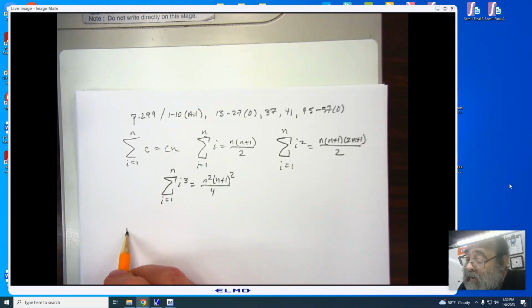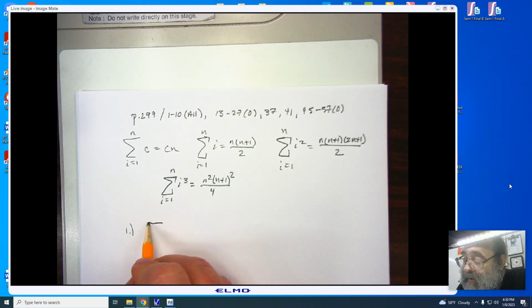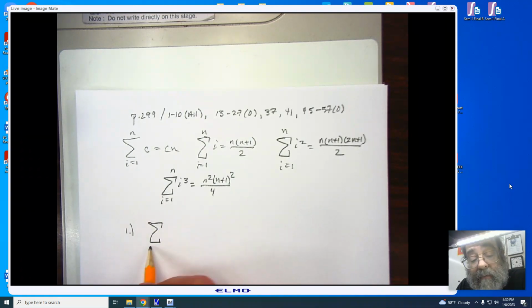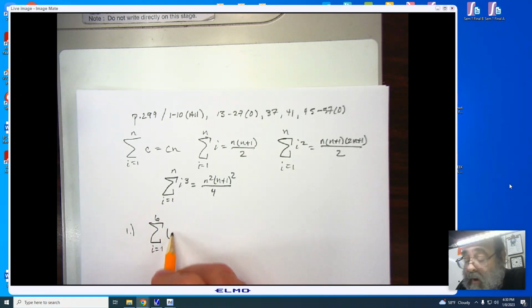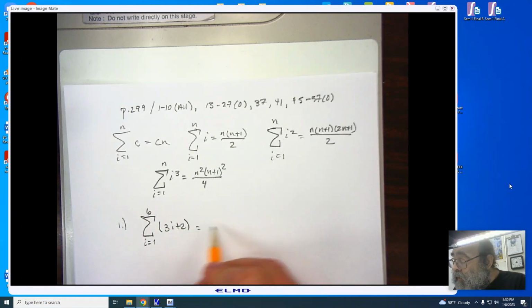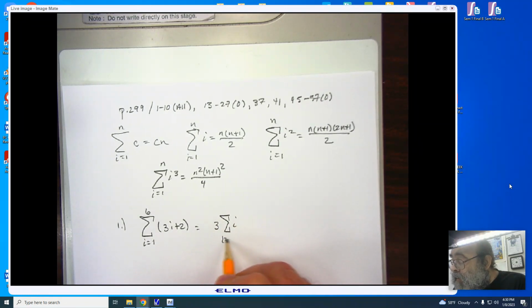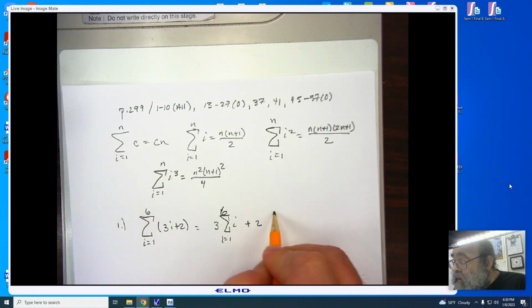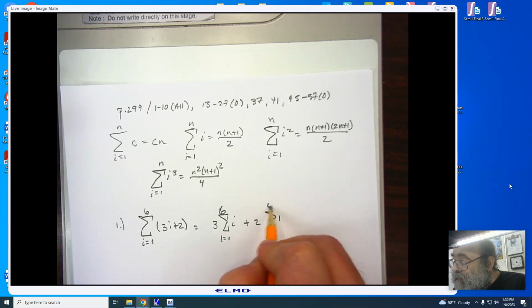So let's go ahead and start with number 1. Number 1 is asking you to work with your summation formulas and try to find out what this sum is. And so we have to use our rules, and our rules say that the constant moves out in front. We're looking at i from i equaling 1 to 6, and then we're adding 2 times the summation of 1, i equaling 1 to 6.